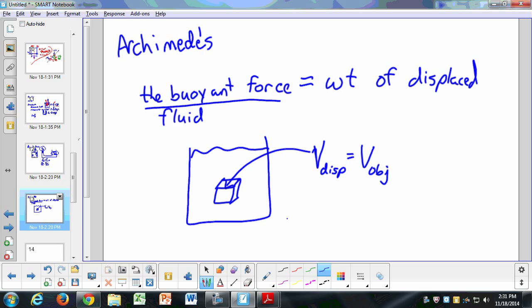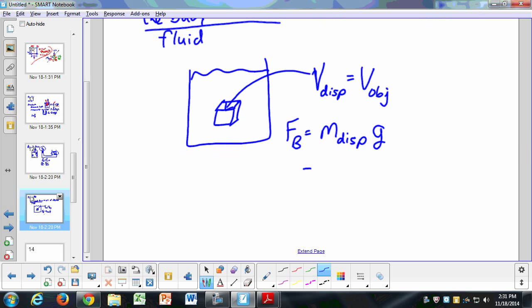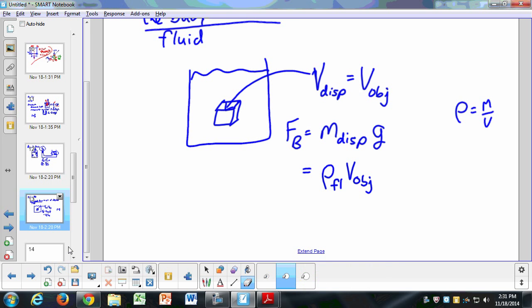And so the buoyant force, I can say, is equal to the weight of the displaced fluid, that's the mass of the displaced fluid times g. I know that rho equals m over V, so the mass of the displaced fluid is the density of the fluid times the volume of the displaced fluid.